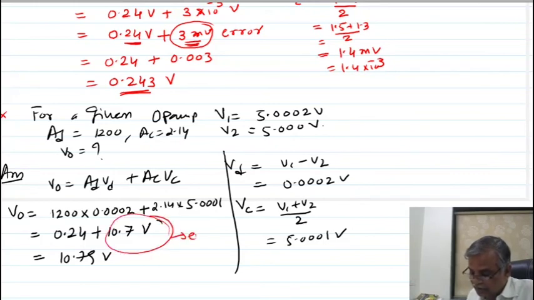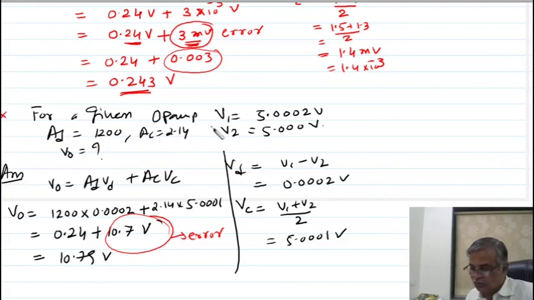In the previous problem the error is very less, so in this problem the error is very large. We have only one solution. If you want to reduce this error, then CMRR should be very high. If CMRR is very large, then this error term will not be introduced. It is very less.